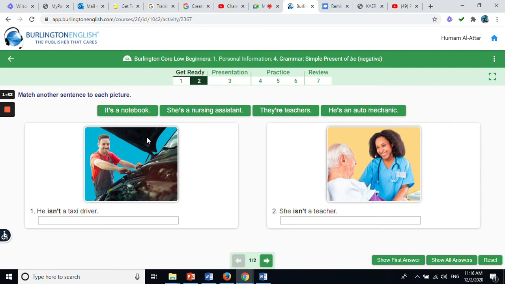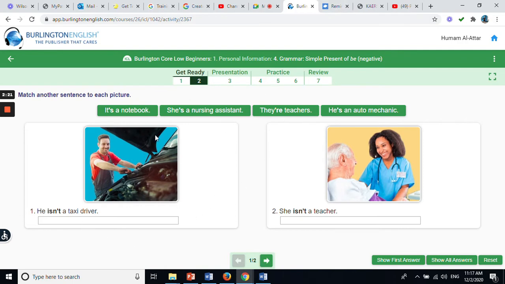So look at this picture here. Okay, we need to match the sentences with these pictures. So what's number one? He isn't a taxi driver. He isn't a taxi driver.